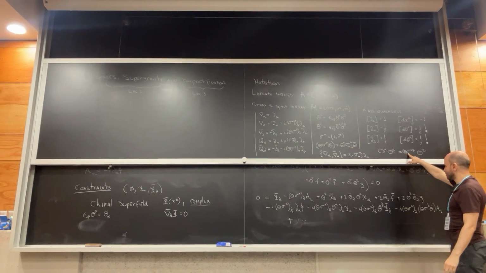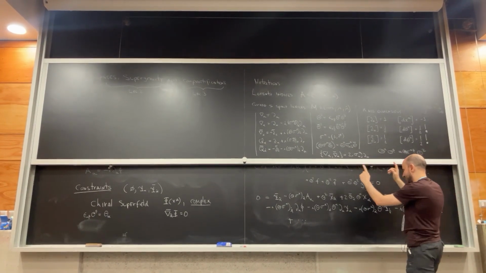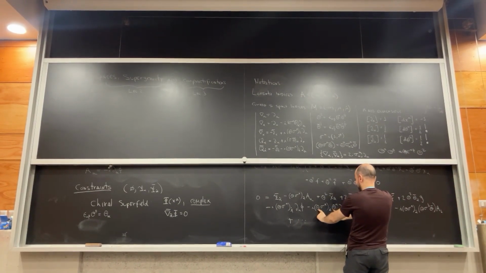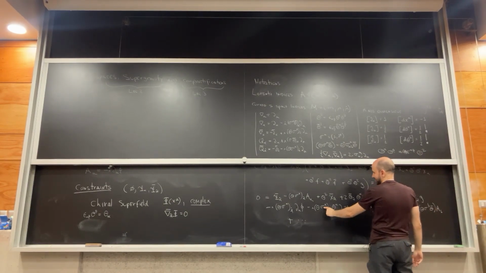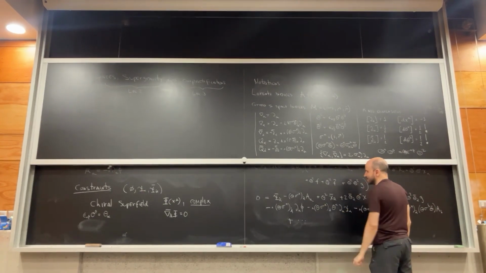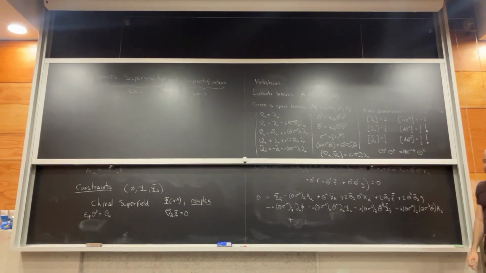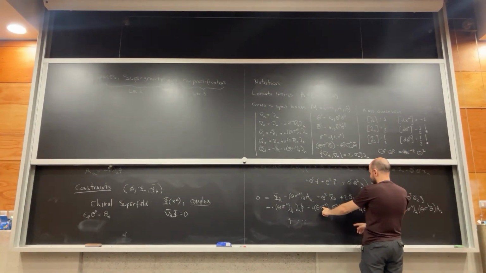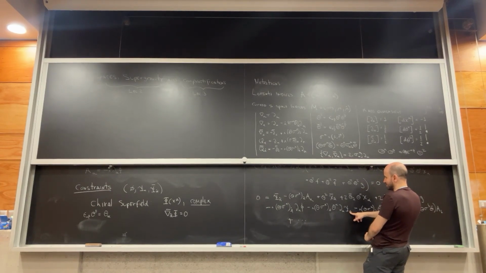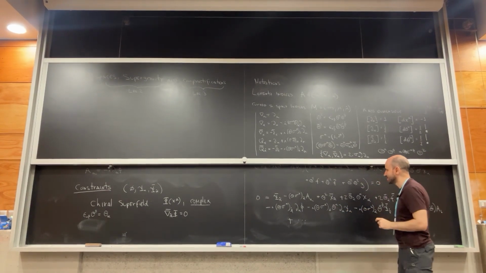So I use this epsilon in this term to raise an index of sigma. And this index is going to be contracted with this psi over here, because this alpha is contracted with this alpha here in psi.